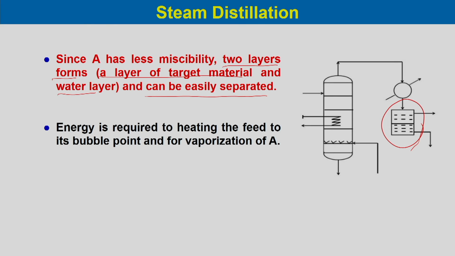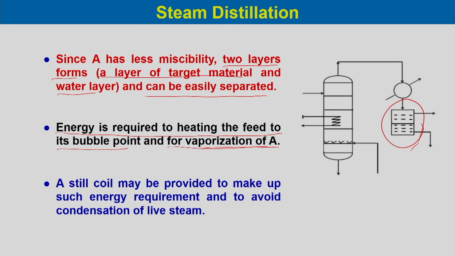So, energy is required for heating the feed to its bubble point and for vaporization of A. So, a good amount of heat needs to be supplied for heating the feed to its bubble point, and then it will be vaporized for a certain period of time, vaporization of component A. So, a steam coil, you can see over here, may be provided to make up such energy requirement and to avoid condensation of the live steam.